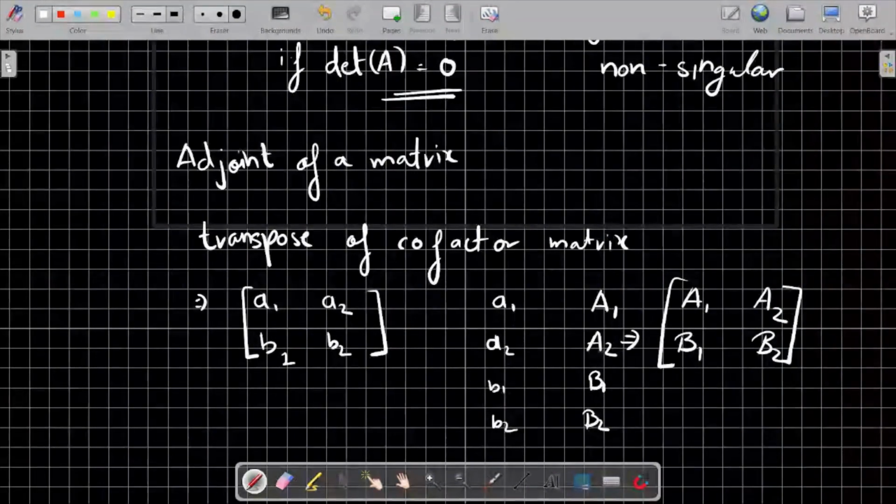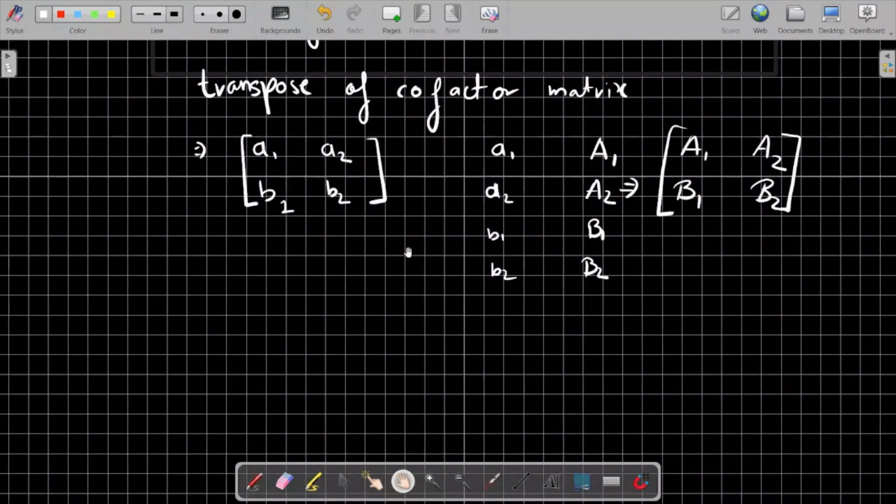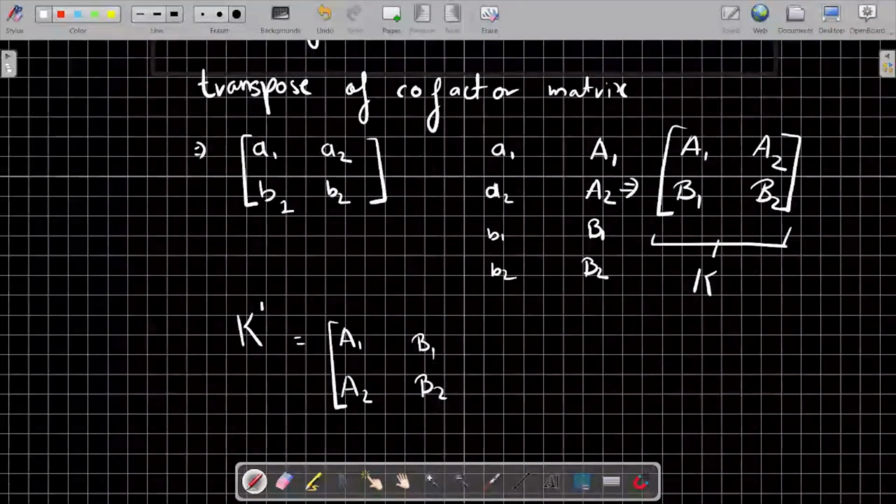Now, if we take, let's call this matrix K, now if we take transpose of K, if we take K transpose, it will become A1, A2, B1, B2. This K transpose is known as adjoint of the original matrix.